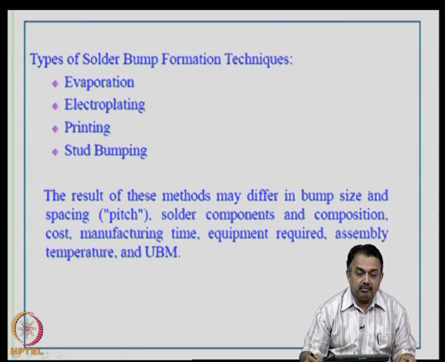Or you can simply attach a stud, which is different from the normal bump, so it is called a stud bump. The results of these methods may differ in bump size and spacing or the pitch. So, you have to carefully select which bump formation technology you require, depending on the pitch and the material that you are using.